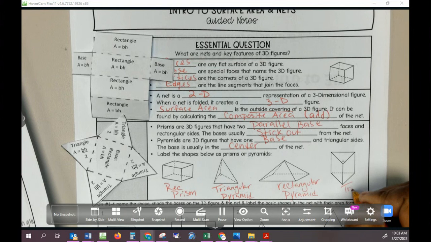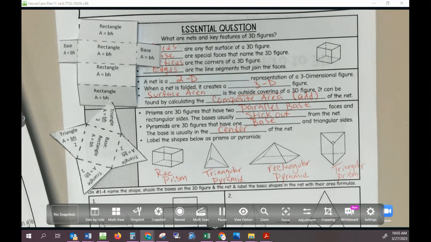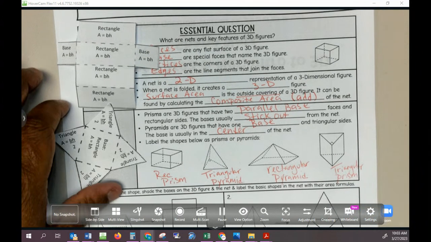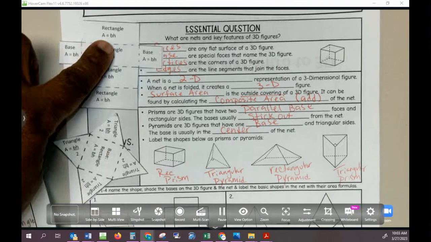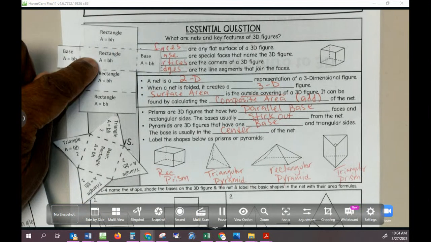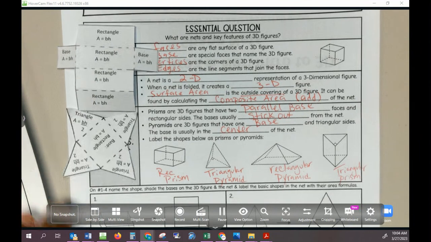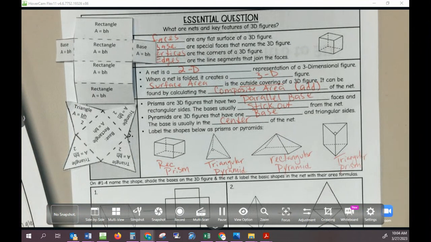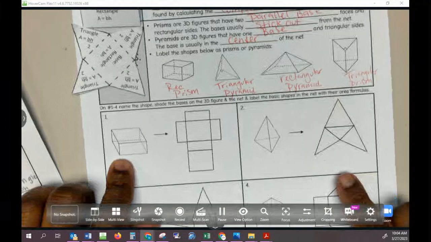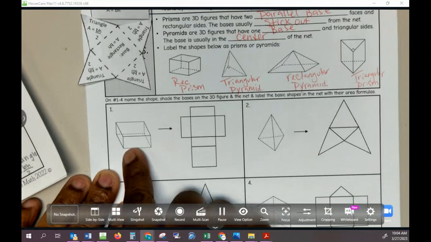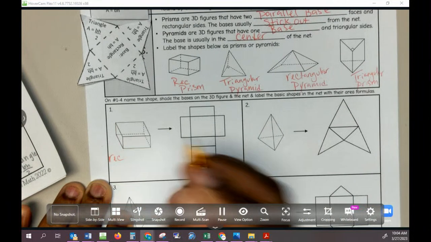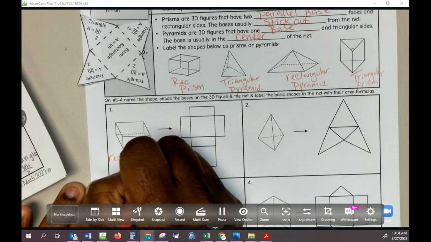And this is a triangular prism. So even looking at the nets, we can tell distinctively the difference between a pyramid and a prism. Now that we have named them, we're going to identify them here. So again, we said this was a rectangular prism.